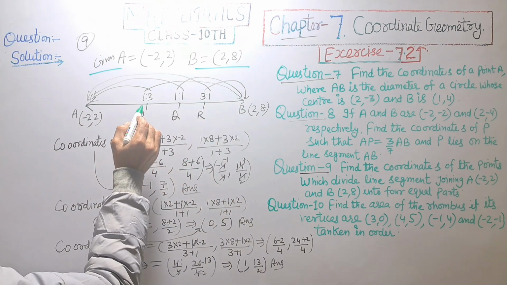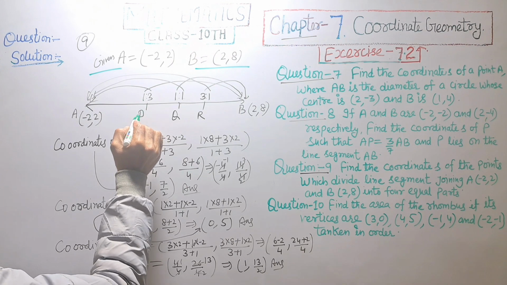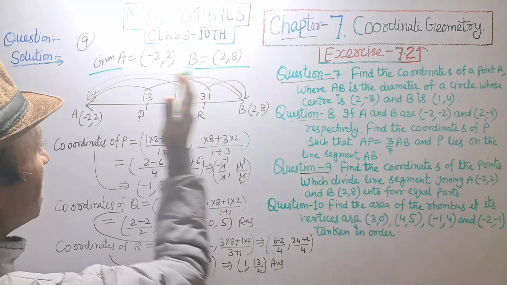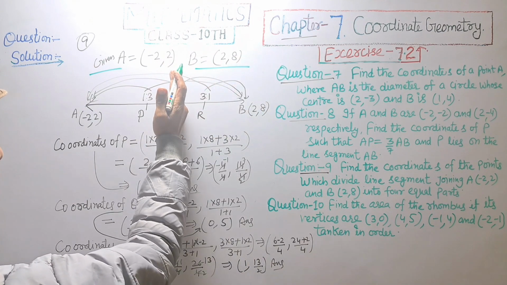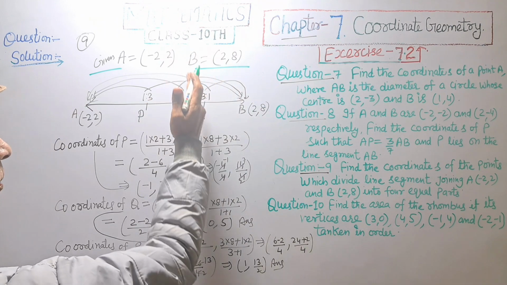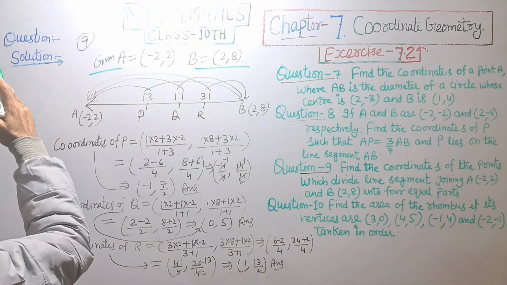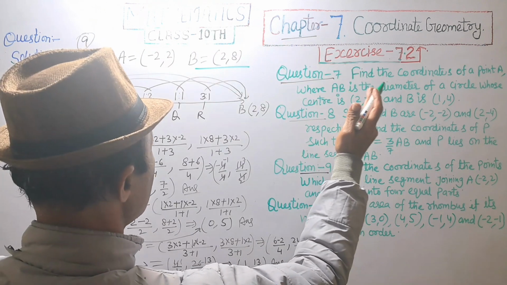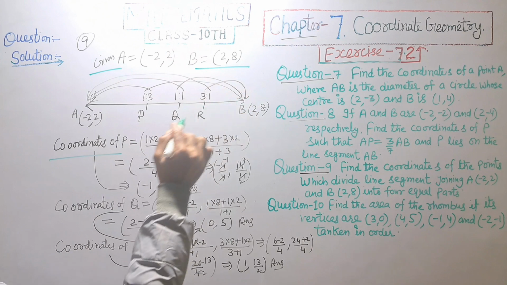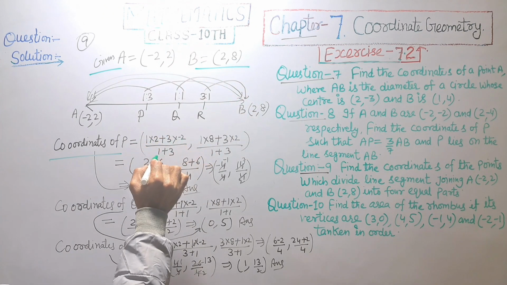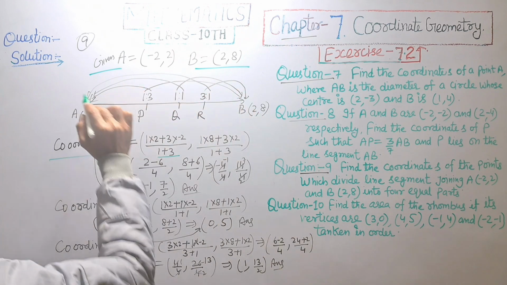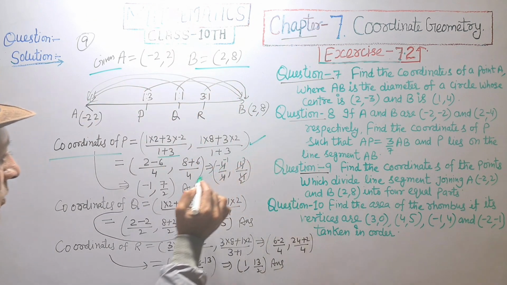The ratio at P is 1:3, the ratio at Q is 2:2, that is 1:1, and the ratio at R is 3 parts left side, 1 part right side, that is 3:1. So the coordinates of P, by the section formula, are (m1x2 + m2x1)/(m1 + m2), (m1y2 + m2y1)/(m1 + m2).